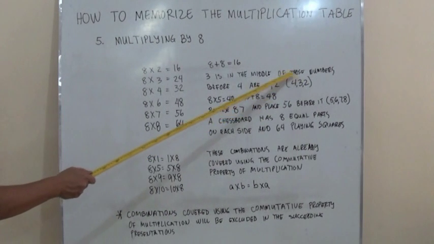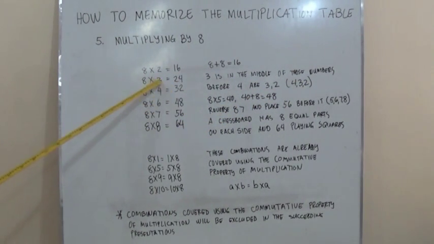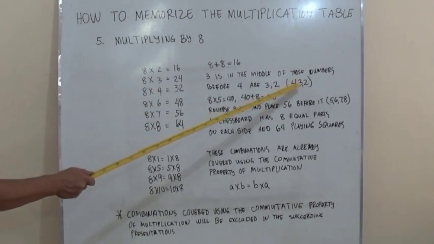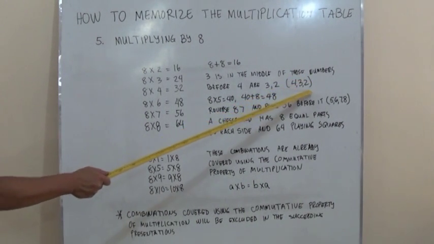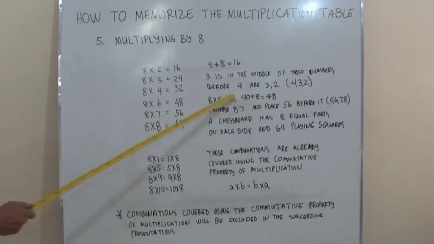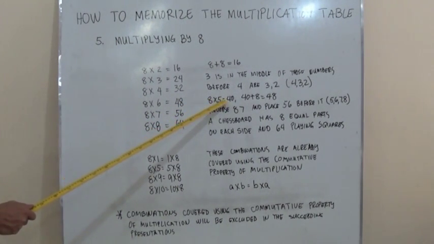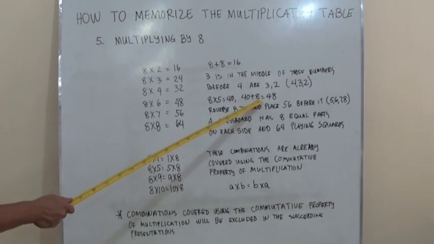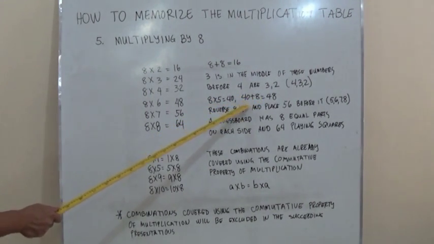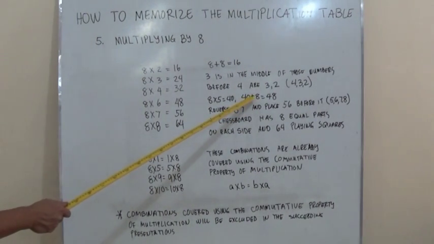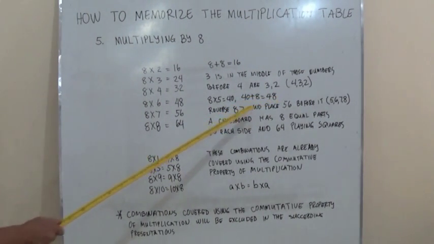Again, 4 will remind us of our multiplicand, and 3 and 2 will remind us of the answer, 32. 8 times 6 equals 48. Remember, 8 times 5 equals 40. So 8 times 6, you just add 8 to 40. So 40 plus 8 equals 48.